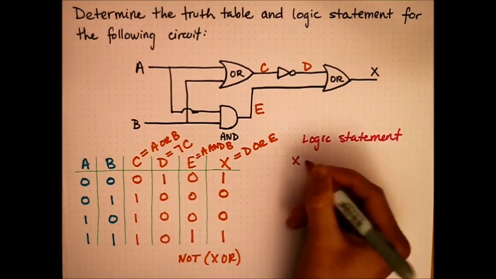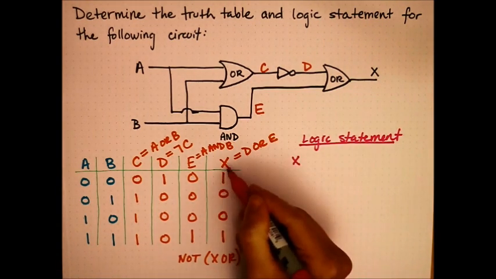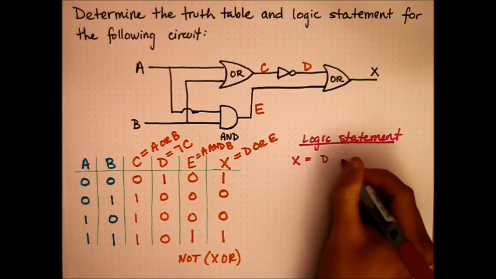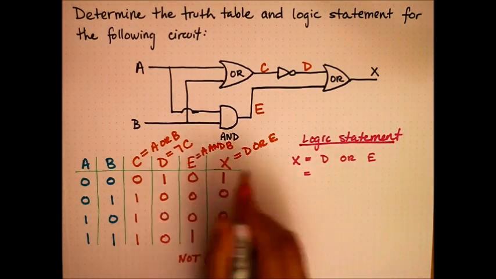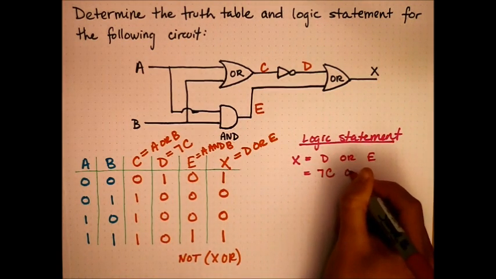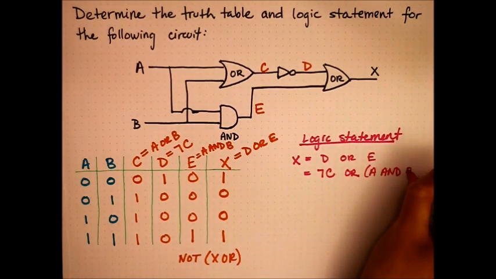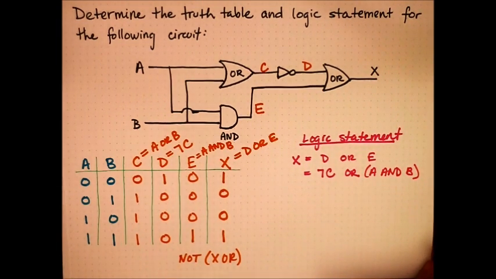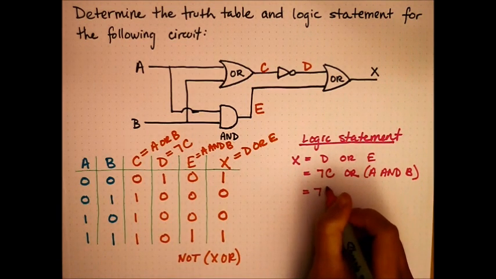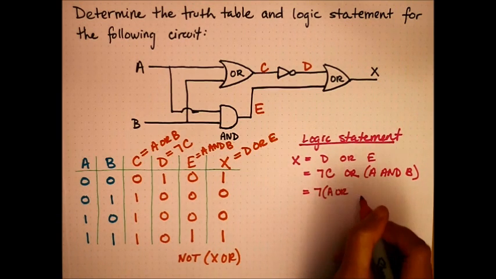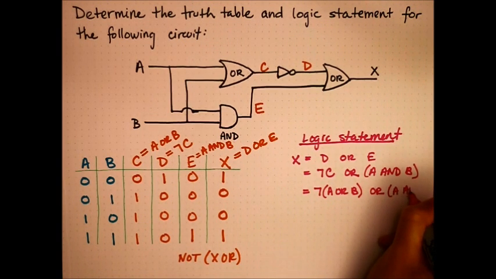So we want to get an expression for X in terms of A and B. So I just start with what we had for X, D or E. D is not C, and E was A and B. So that's A and B. C was A or B, so this is not A or B, or A and B.